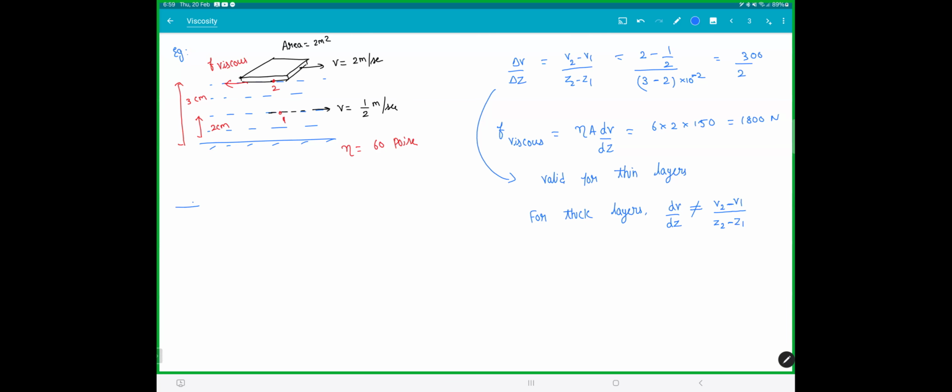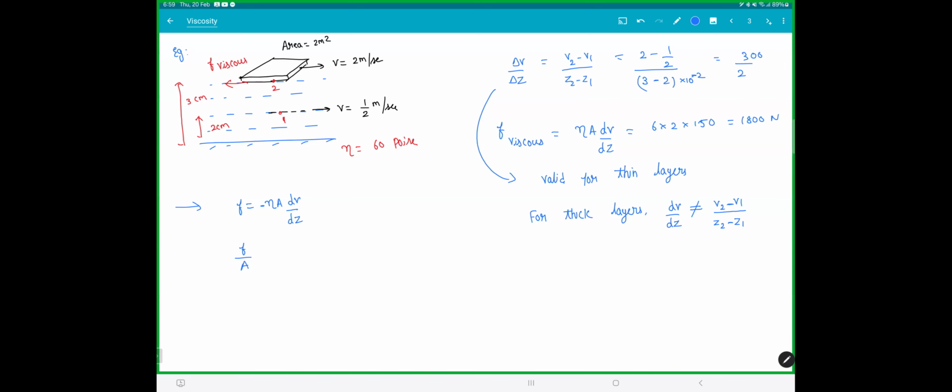So here are a few points. When you write this equation, F is equal to eta A dV by dz, what is this quantity F by area? Is this equal to pressure? Force by area, is it pressure? What is the pressure definition? Force perpendicular to the area, isn't it? But this force is parallel to the area.